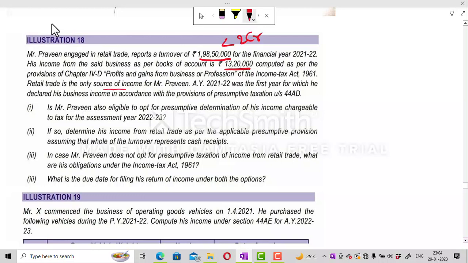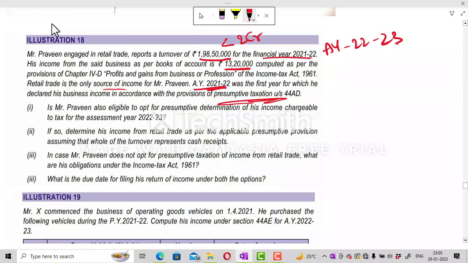Retail trade is the only source of income for Praveen. Assessment year 21-22 was the first year for which he declared his business income in accordance with the provisions of presumptive taxation 44AD. See, already in the assessment year 21-22, he declared as presumptive taxation. Here it is financial year 21-22, meaning assessment year 22-23.